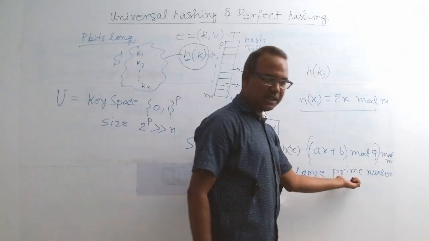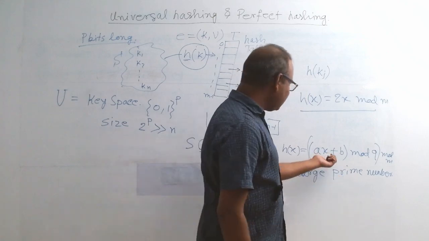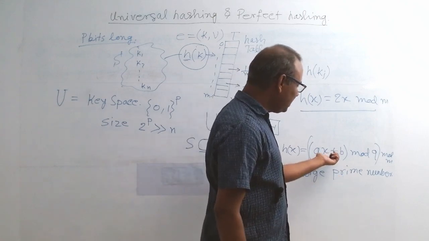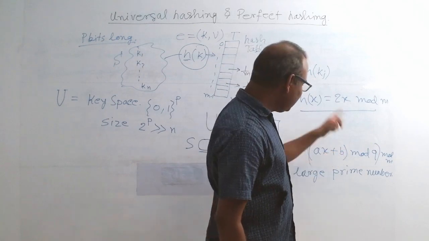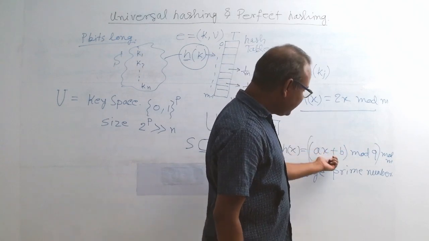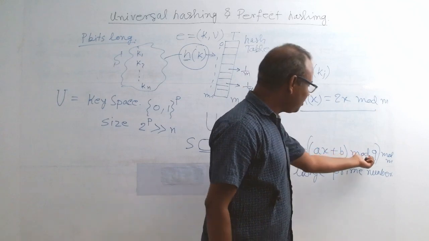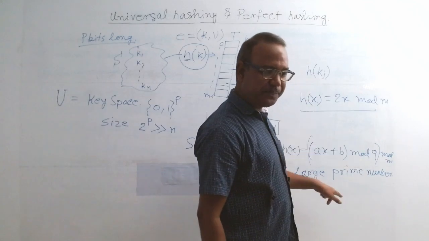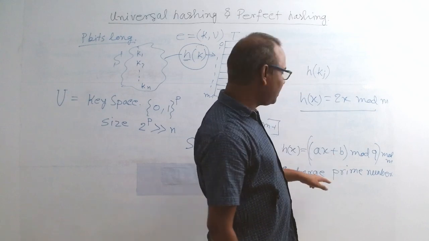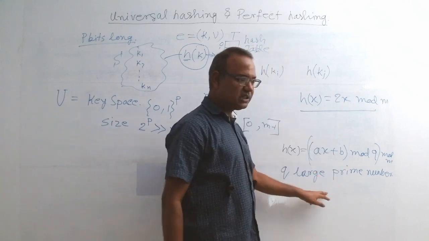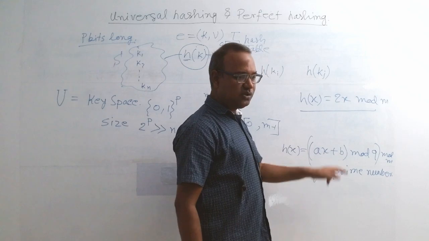Because a prime number does not have any factor, so there will be no common factor, and it will create the residue in the mod operation independently, from 0 to q minus 1.